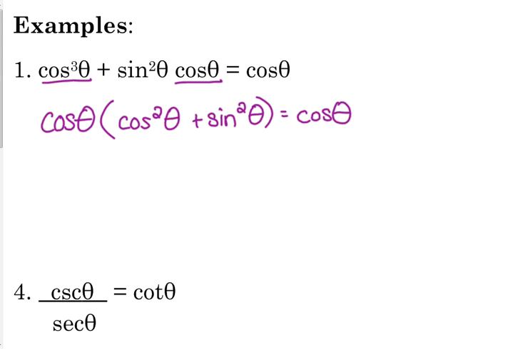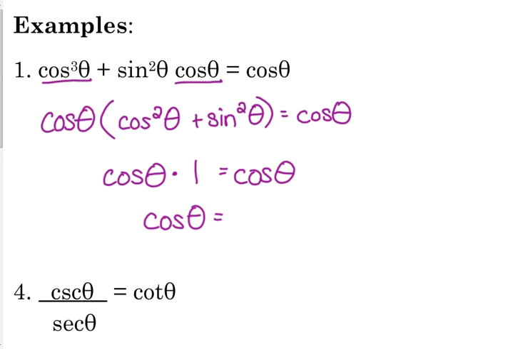Now, here's where our identities come into play. What is cosine squared plus sine squared equal to? 1. So we are going to replace cosine squared plus sine squared with 1. And then, of course, cosine times 1 is just cosine of theta.